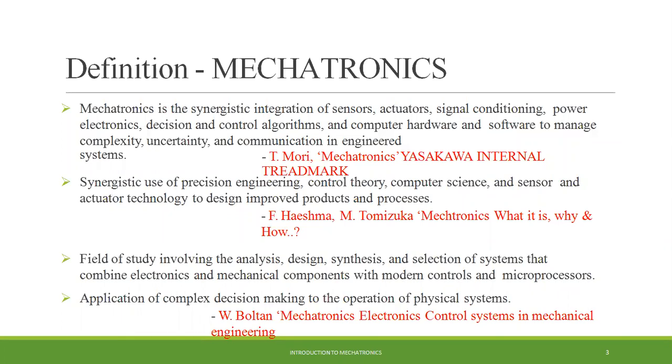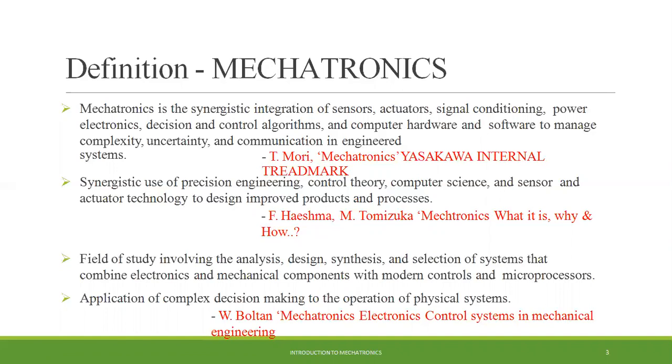The synergetic use of precision engineering, control theory, computer science, and sensor and actuator technology to design improved production processes. Here, precision engineering means being able to do the task in an action mode, and that action mode needs to be performed by your mechanical engineers.